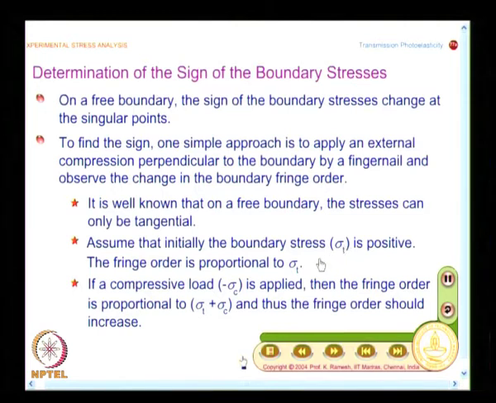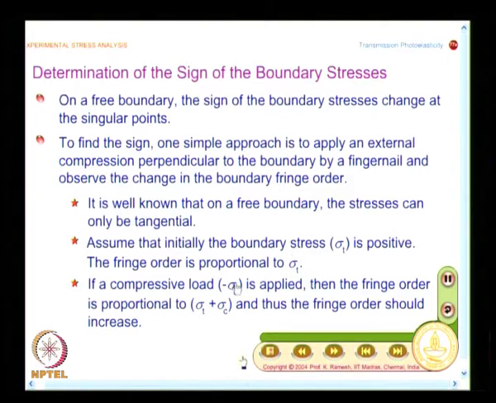We do not know the sign of the boundary stress, but we take up a simple situation where the boundary stress is positive to start with, and whatever fringe order you see in the circular polariscope is proportional to sigma t, because in the perpendicular direction the stress is 0 because it is a free surface.